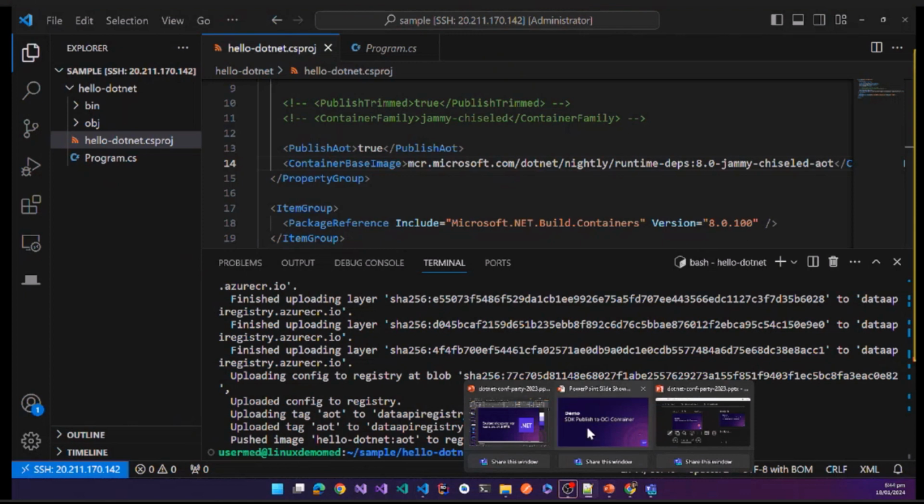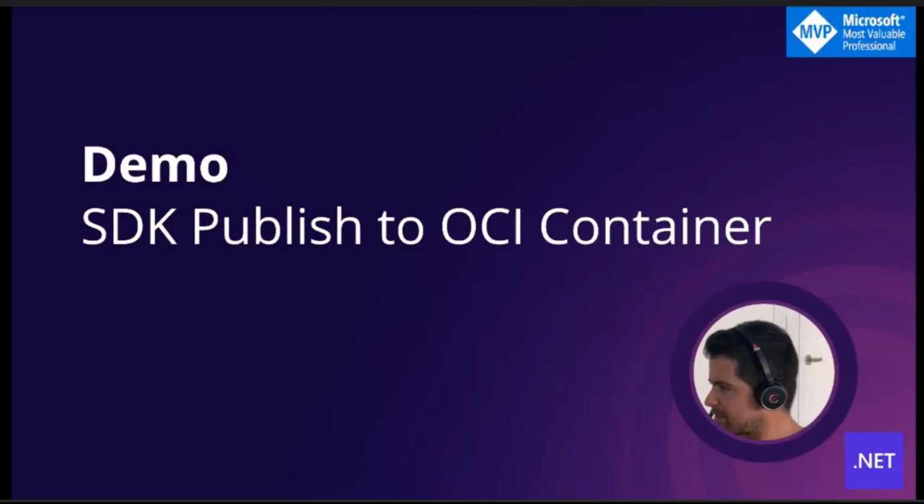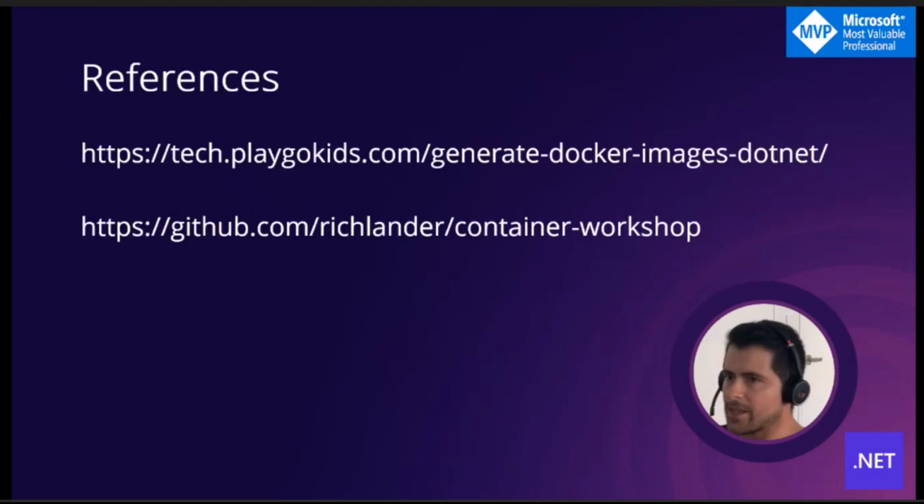I just want to bring the slide back, so bear with me. Let me bring the controls that I need. Okay, just some references for you, if you want to check what happens and experiment for yourselves.